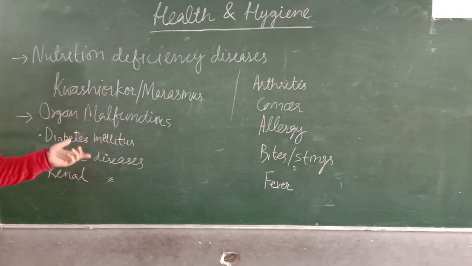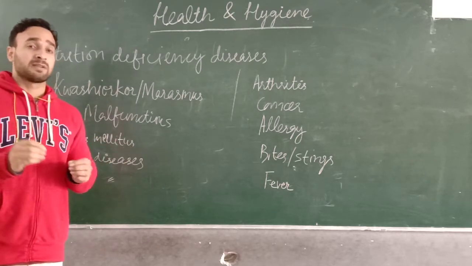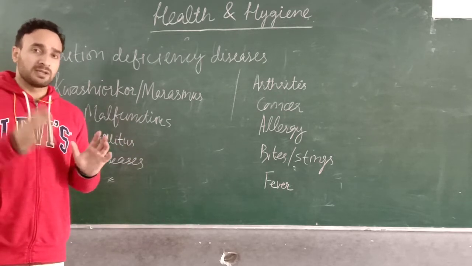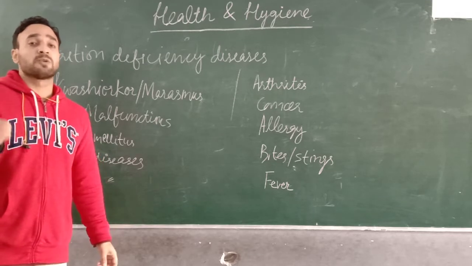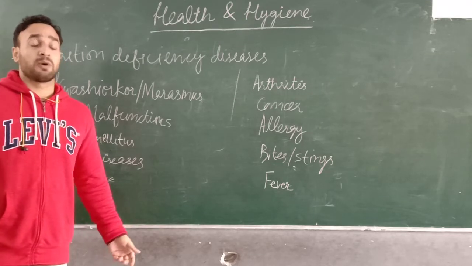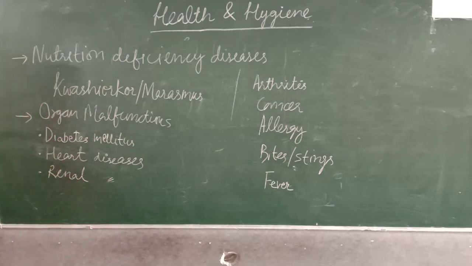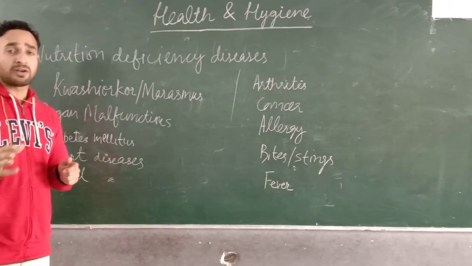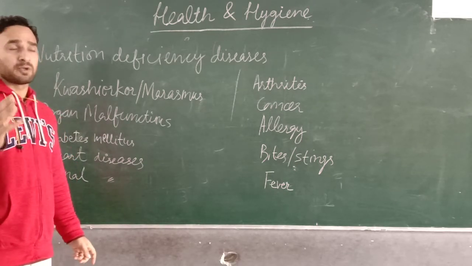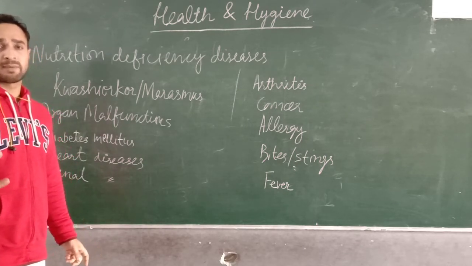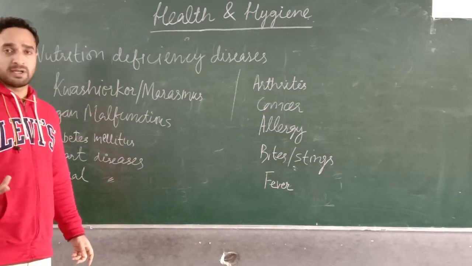So diabetes mellitus is a condition wherein there are larger quantities of glucose in the blood, but this glucose is not available to the tissues for energy use. The symptoms of diabetes mellitus are hot rashes, the person needs to urinate very frequently, loss of appetite, and loss of body weight.